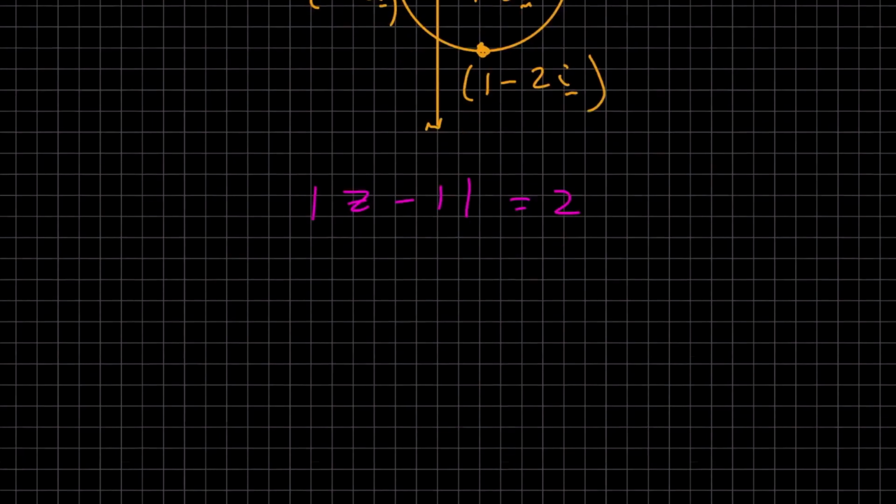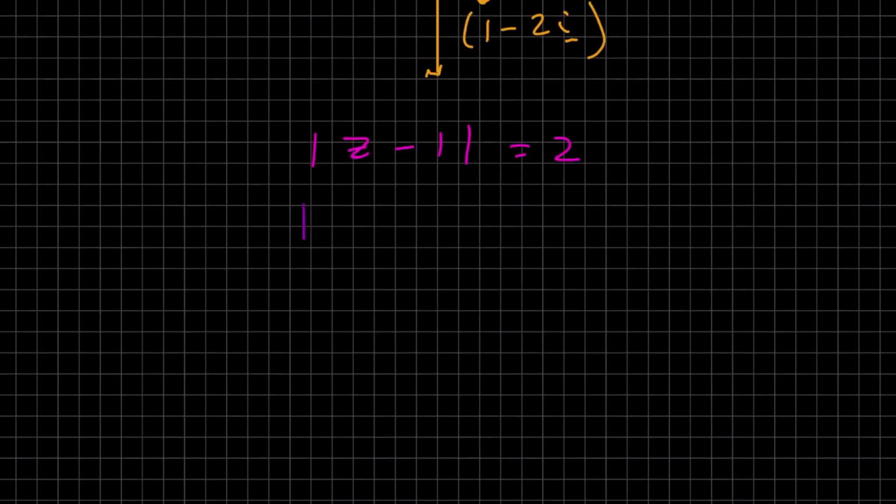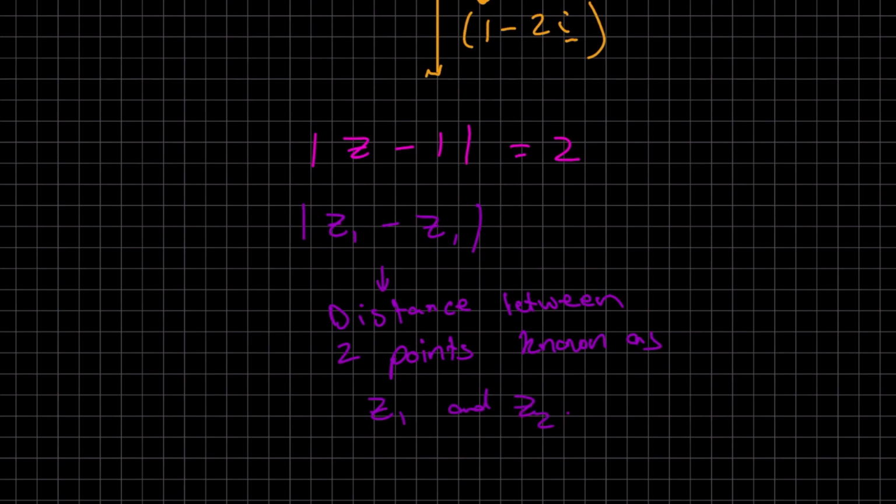Now, we know that if we're finding the modulus between 2 points, so let those points be z1 and z2, we're trying to find the distance between 2 points on the Argand diagram, known as z1 and z2. And we know from this equation that this distance will be equal to 2 units.